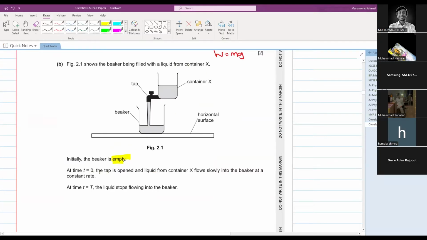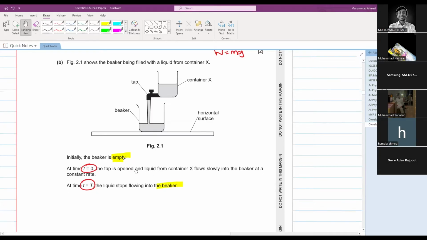At time t equals 0, the tap is open and liquid from container X flows slowly into the beaker at a constant rate. At time t equals capital T, the liquid stops flowing into the beaker. So beta, at time t equals 0 you have opened the tap, and at time t equals capital T the liquid stops flowing. Nothing complicated here. Let's move ahead.